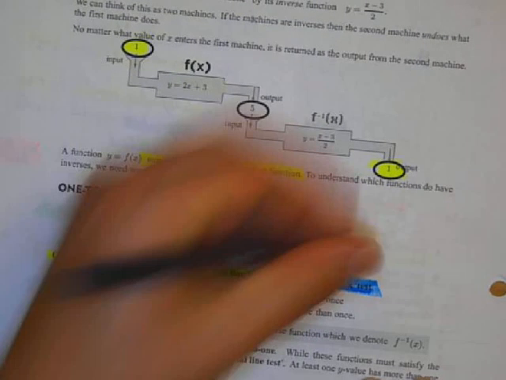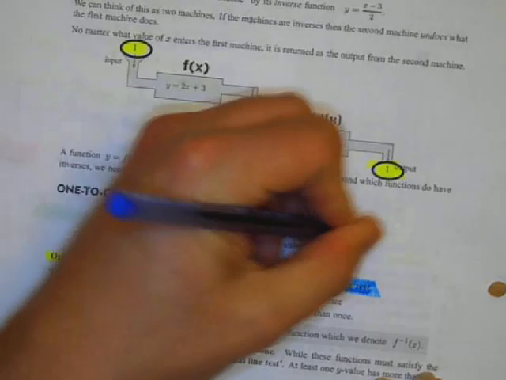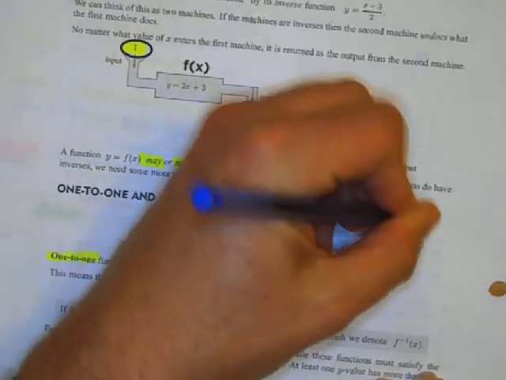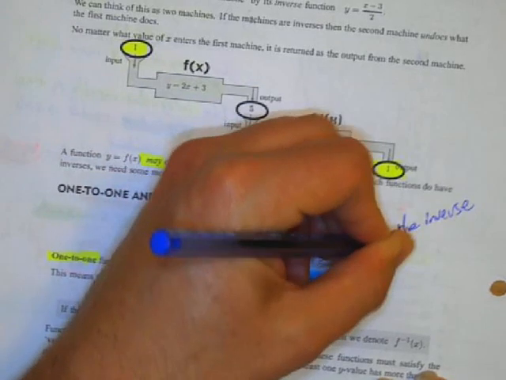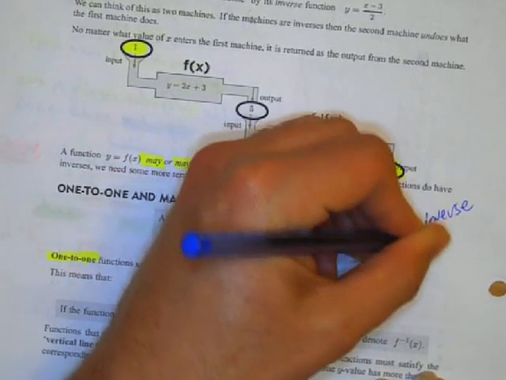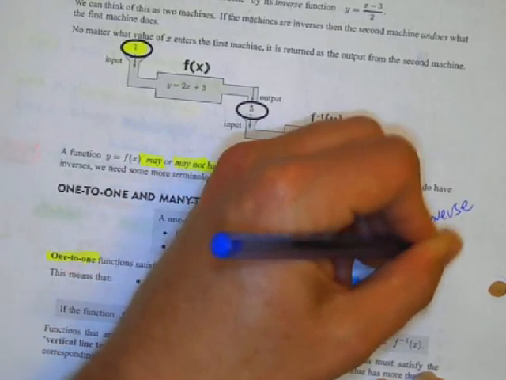So if the inverse is a function, it must pass the horizontal line test.